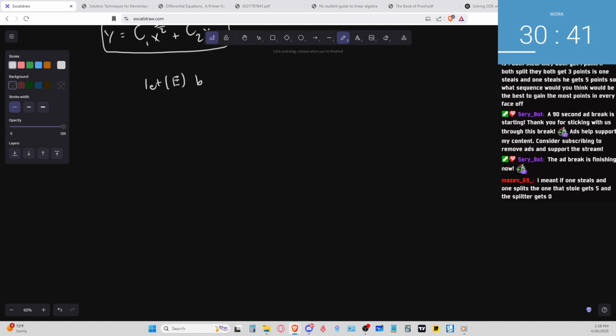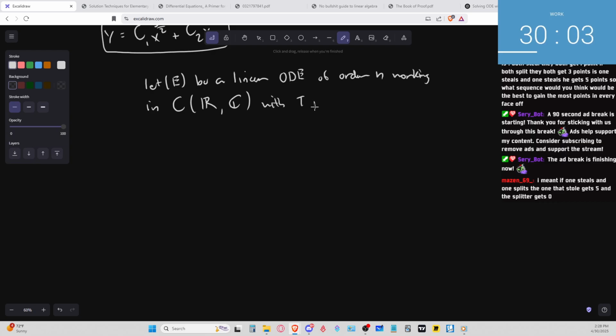So let E be a linear ODE of order n working in C. I'm guessing this is supposed to be the real numbers and the complex numbers, with T periodic coefficients.